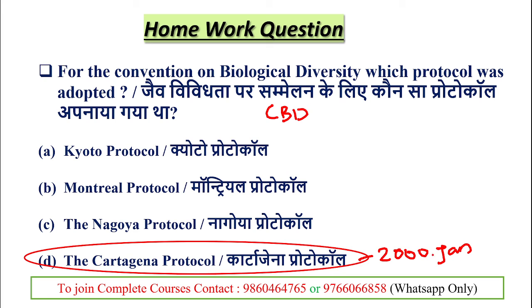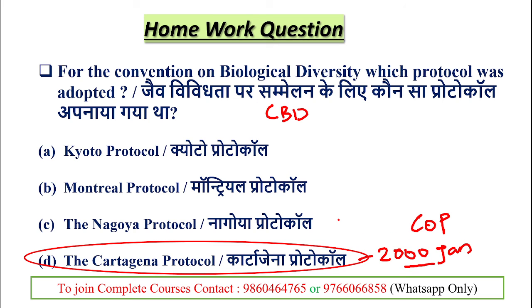The protocol is for biosafety to the CBD and was finalized and adopted in Montreal. Okay, so that is for the extraordinary meeting of the Conference of the Parties, COP. So that is the extraordinary COP, in 2000.